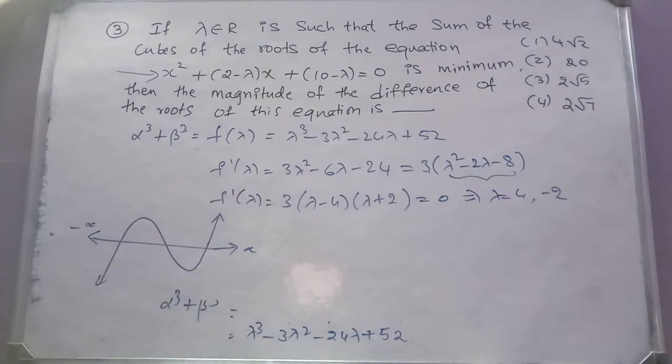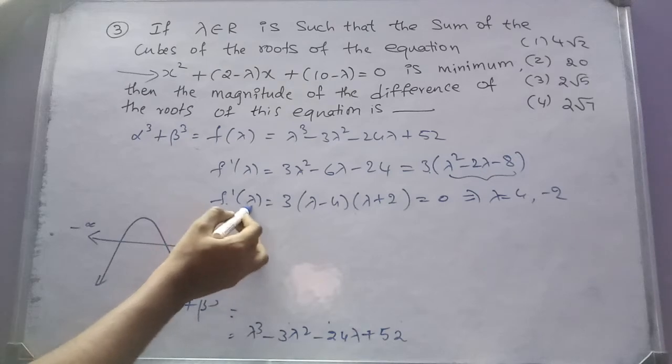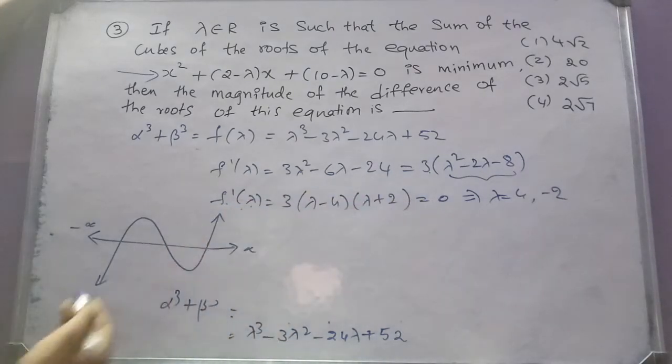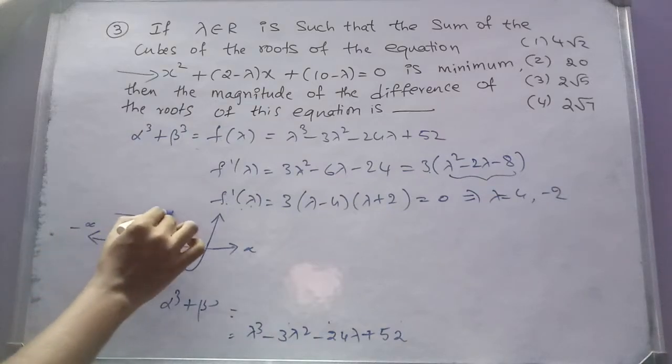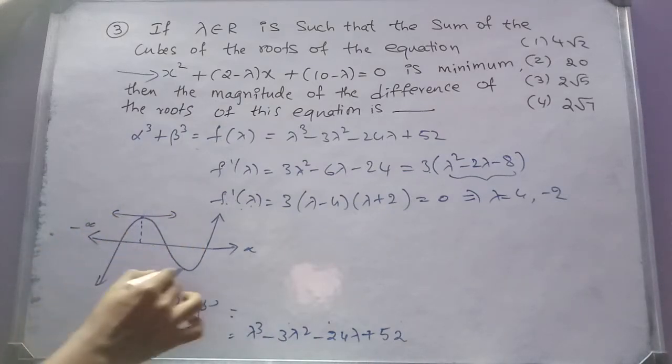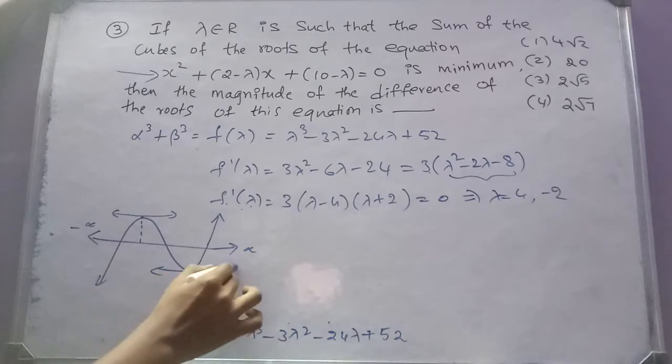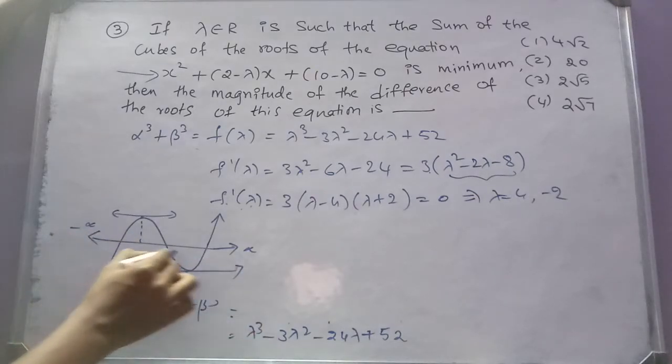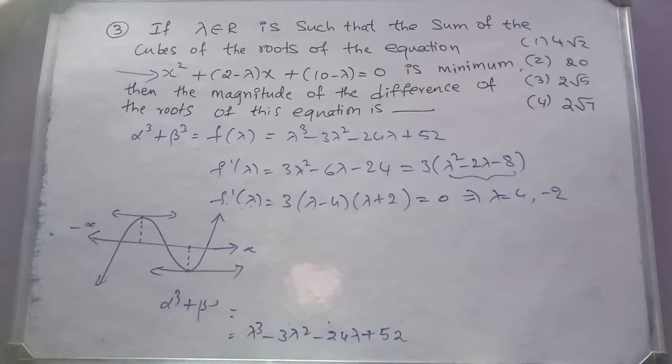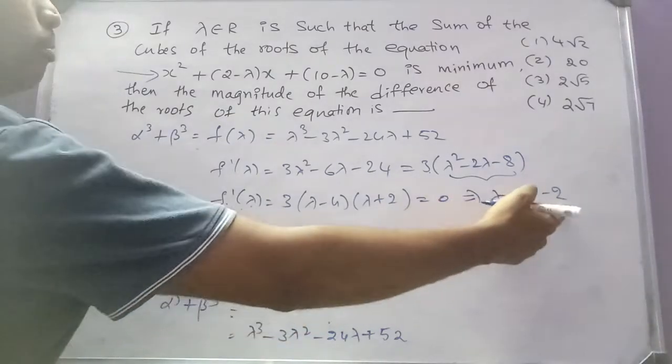So look here. When f dash of lambda is equal to 0, I am trying to say that the slope is 0. The slope is 0 at this input, and at the same time at this input. The slope is 0 at these two inputs. And who are those two inputs? 4 and minus 2.